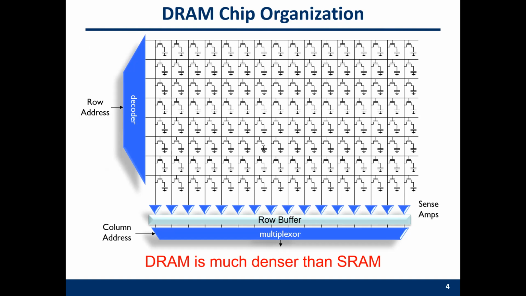You can see the larger array, including the row decoder, column mux, the row buffer, and the sense amplifier.